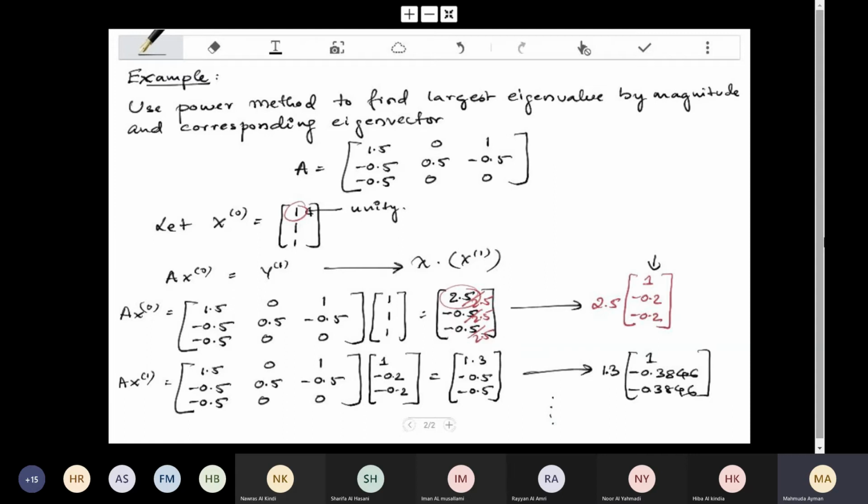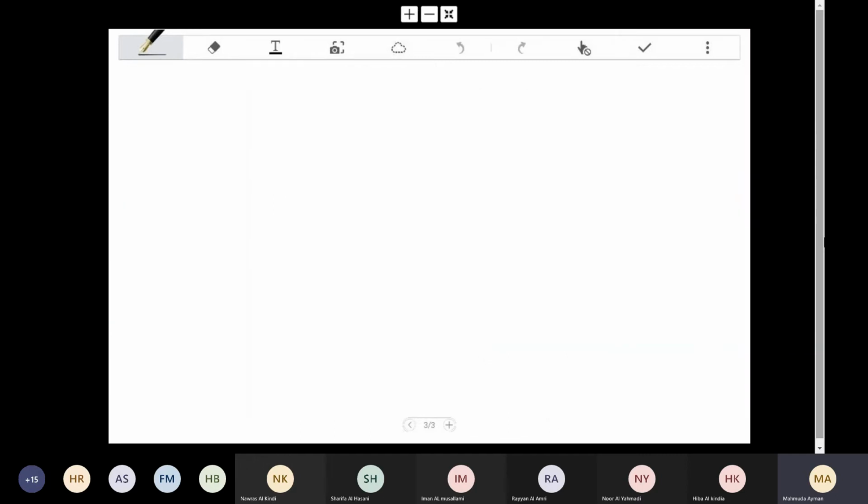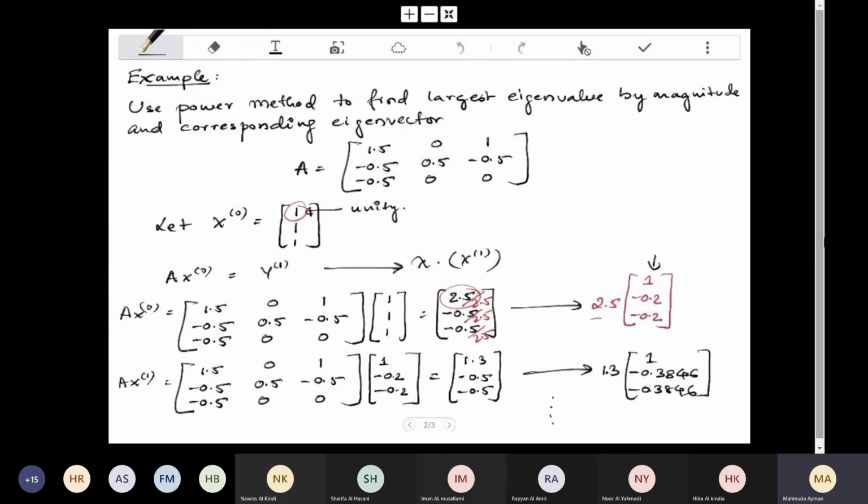So we'll continue this step, but before that let me show you the absolute relative approximate error for these two eigenvalues that we just got.